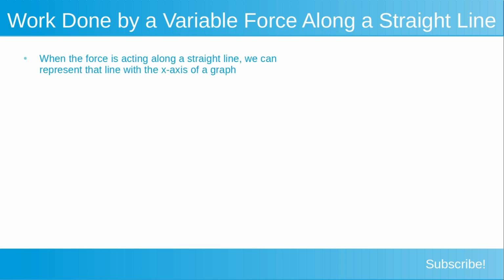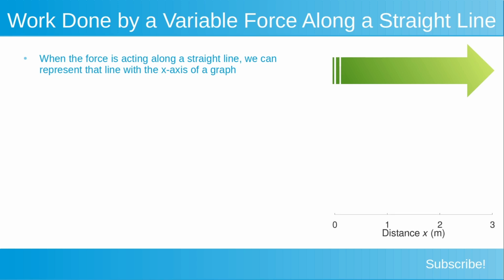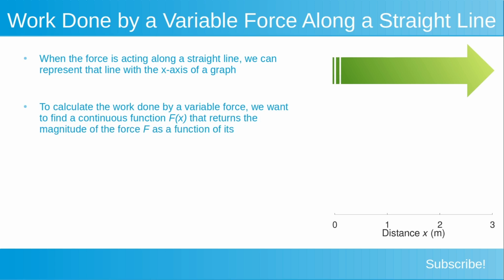When the force is acting along a straight line, we can represent that line with the x-axis of a graph. To calculate the work done by a variable force, we want to find a continuous function f of x, which returns the magnitude of the force F as a function of its position on the x-axis.